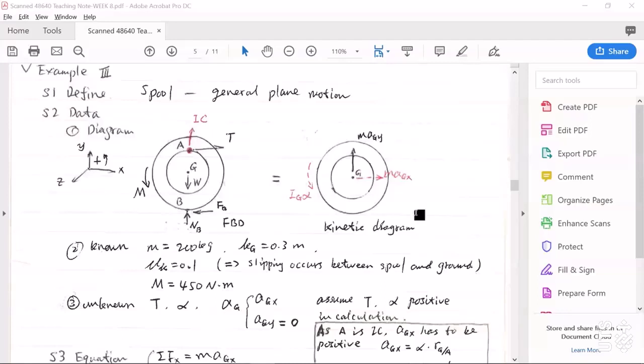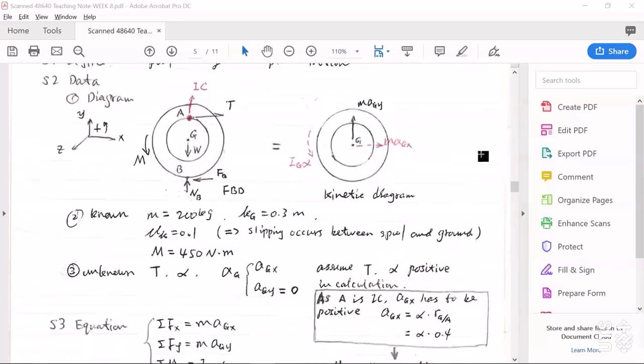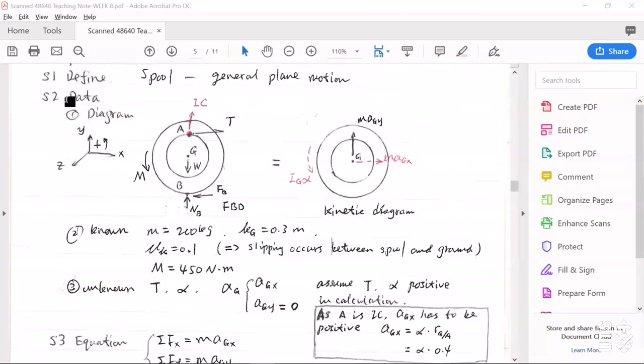Kinetic diagram. And here we have alpha, AGX, AGY. Okay, in this problem, A is the IC point because we normally assume no slipping occurs between a cord when it wraps up on a hub like this.